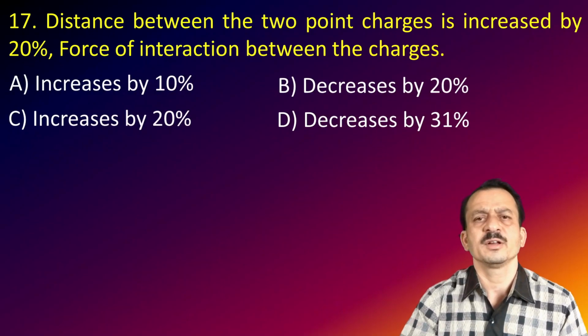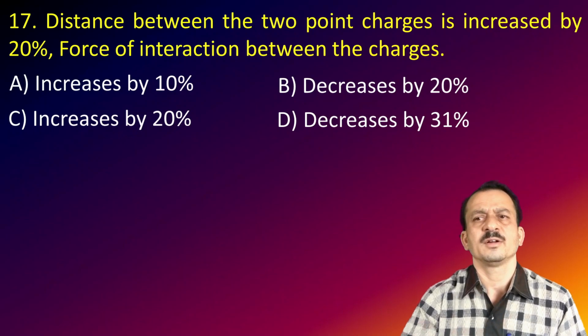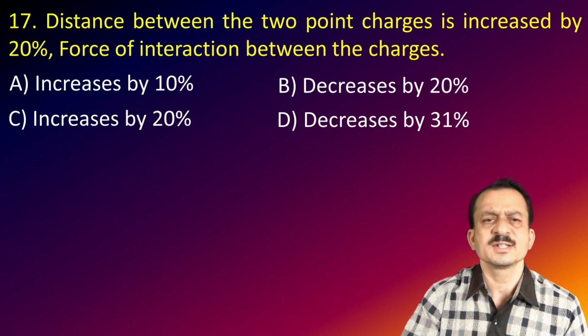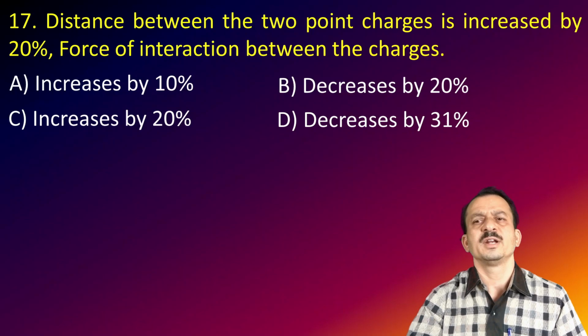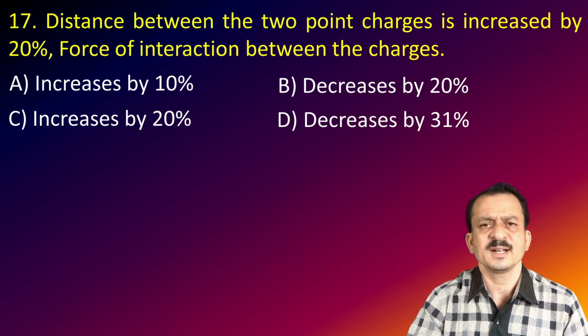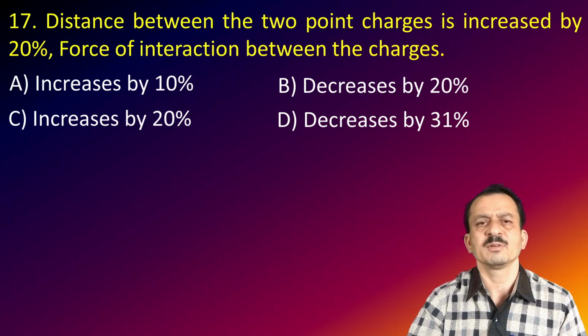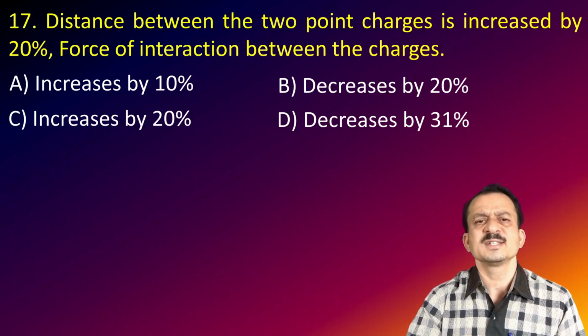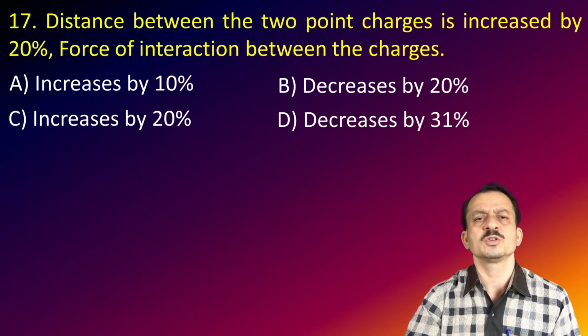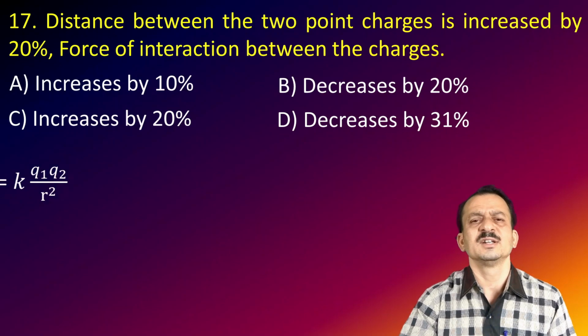Options: A, increases by 10%; B, decreases by 20%; C, increases by 20%; D, decreases by 31%. Since the distance is increased, the force should decrease. We should remember this because force is inversely proportional to the square of the distance.